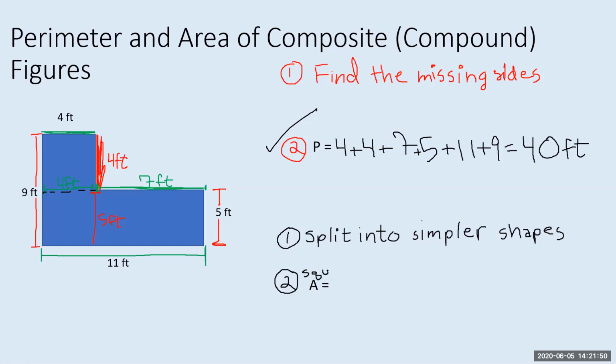Area of a square. Now, if you look at your formula sheet, the area that they list for a square says A equals S to the power of 2. That S is standing for side length. And it's another way of thinking about area of a square, since for a square, all sides are the same.